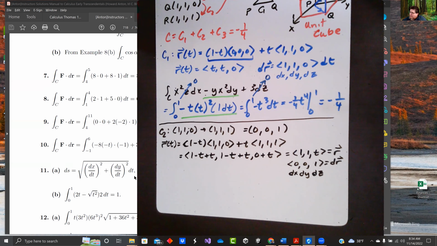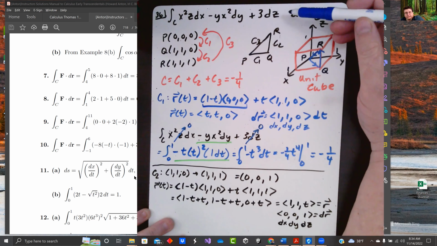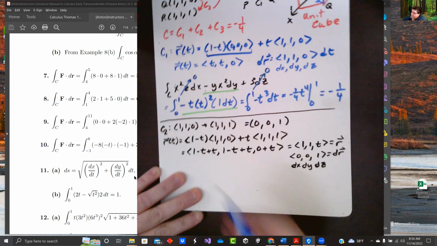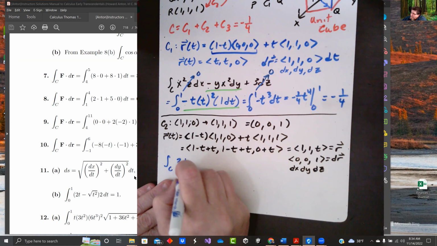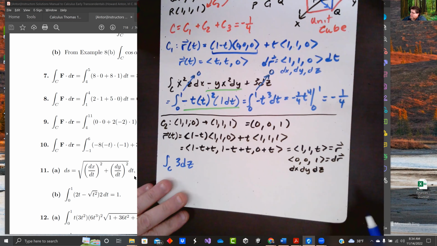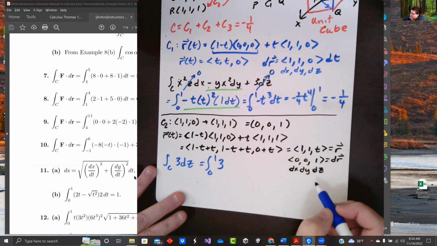The only term I need from that integral up top is the dz one. And dz is just 1 dt.